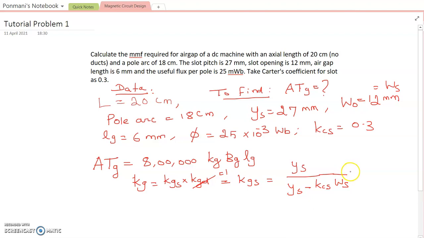All the values are given: Ys, Kcs and Ws. On substituting all the factors, we will get the value for Kg as 1.1538.